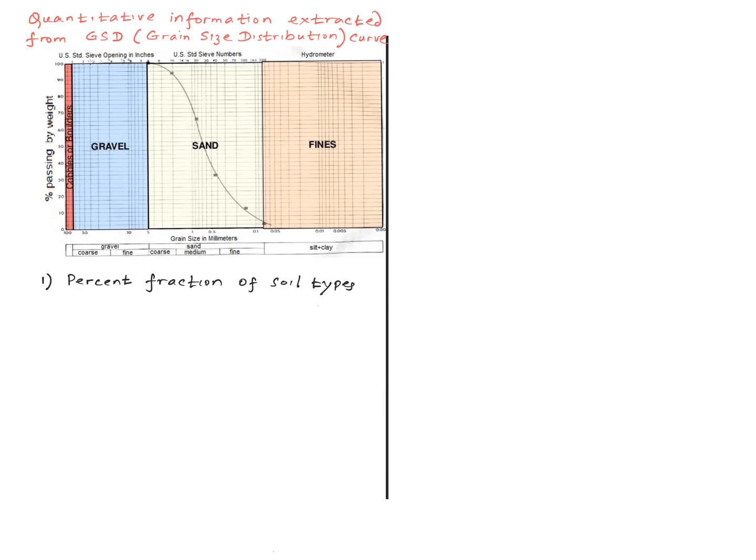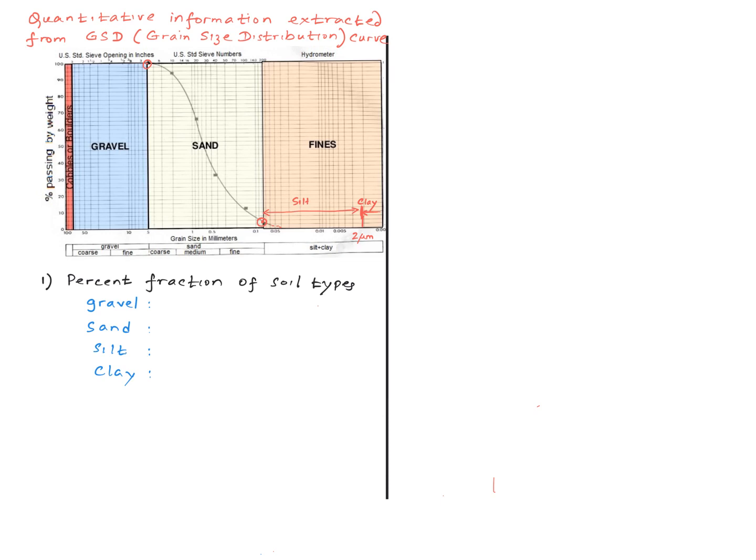And similarly, we take this vertical line and find the point where that vertical line intersects the curve and find the percentage at that point. Then, finding the difference in the percentages between the 2 points, we can find the percentage of that particular soil.